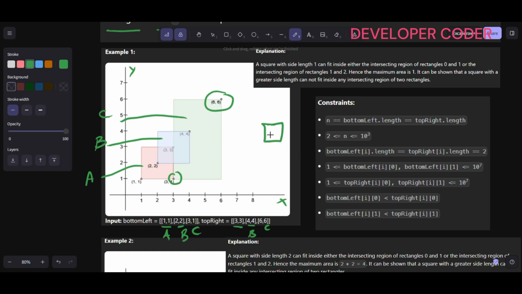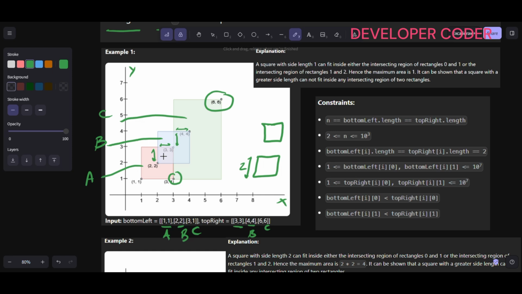Now in these three different boxes, what is the max square side that you can easily fit? So here if you see this one, length 1 I can fit here, same way I can fit one length here as well. So can I fit a square of side 2? Is it possible between the intersecting regions?